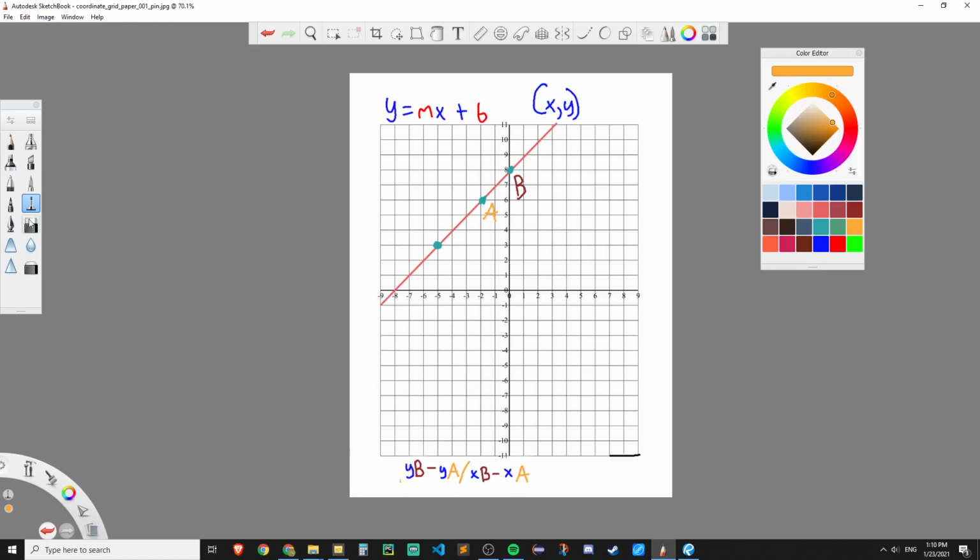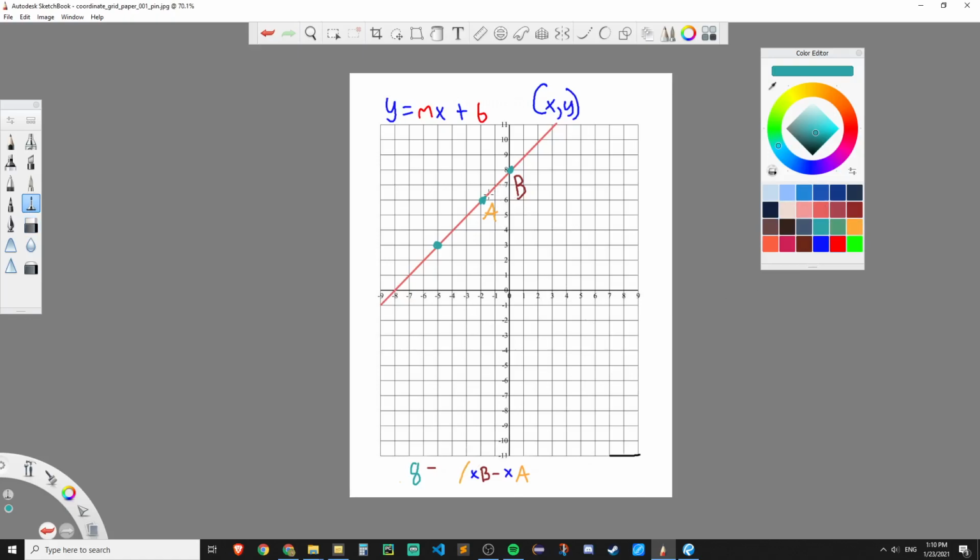Now let us just replace this YB with something. What is our YB? That's the Y coordinate of our B. That would be 8. 8 minus YA. Now what is our Y coordinate for our A point?